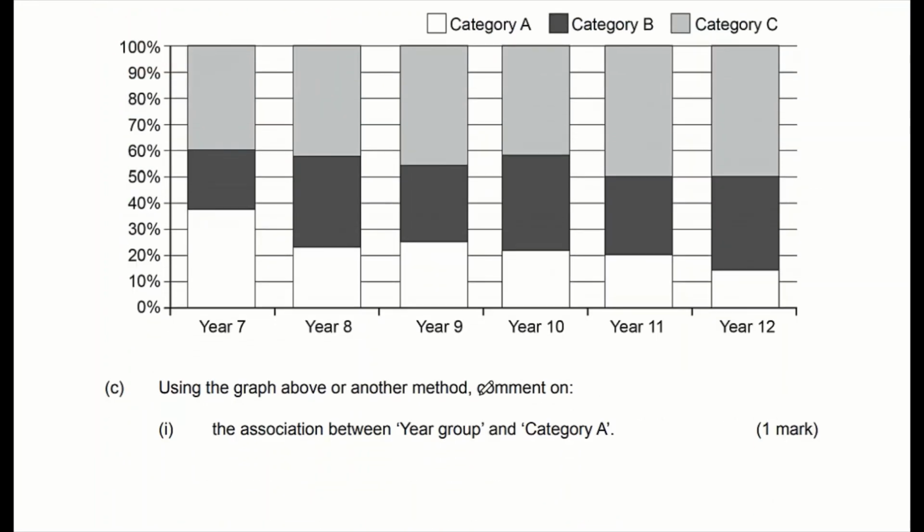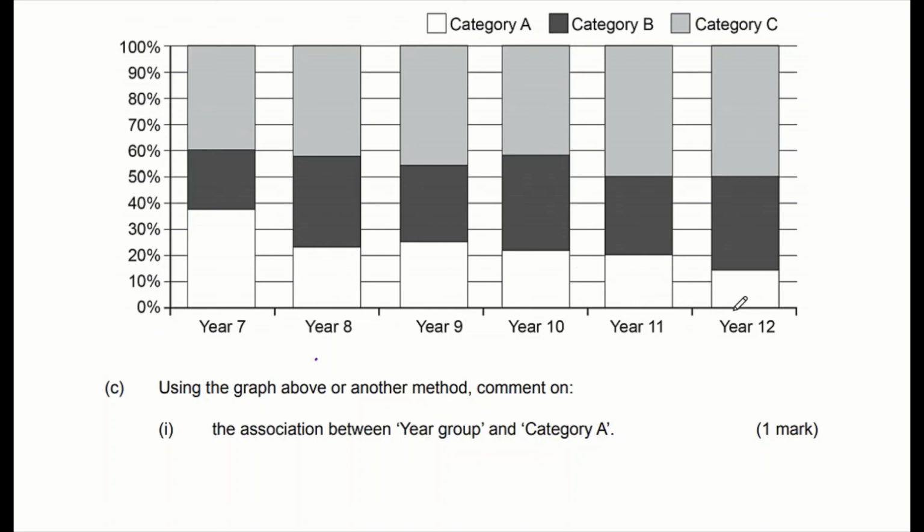Normally in your paper, sometimes the question only needs you to describe the association. So in this case, they only want you to comment on the association, which means describe the association between the year group and category A. So what you should be looking at is only the year group and category A.